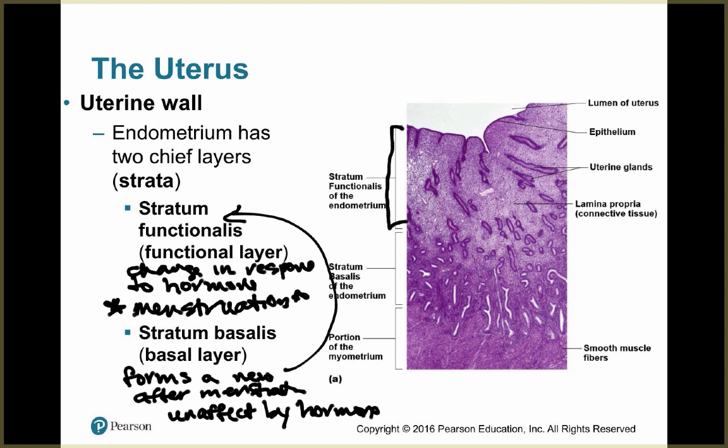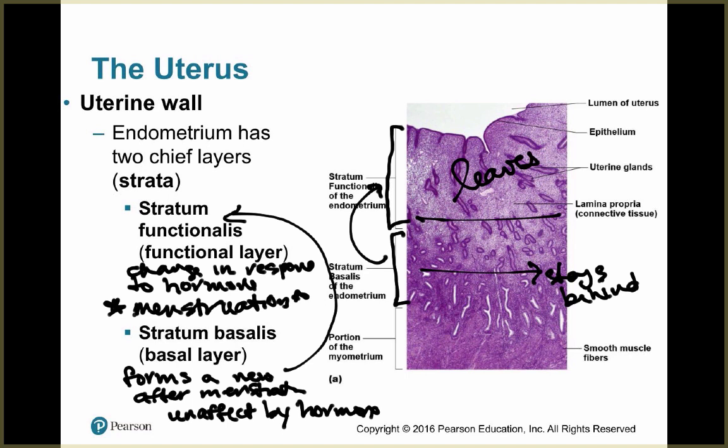Here's the functionalis, and here's the basalis. And it makes sense. This part is the part that stays behind. This part up here leaves. So how would we remake this? Well, the basalis, since it's there, can help remake it. Now, if you see underneath all there is that myometrium, and remember that's that smooth muscle layer that helps to contract during pregnancy.